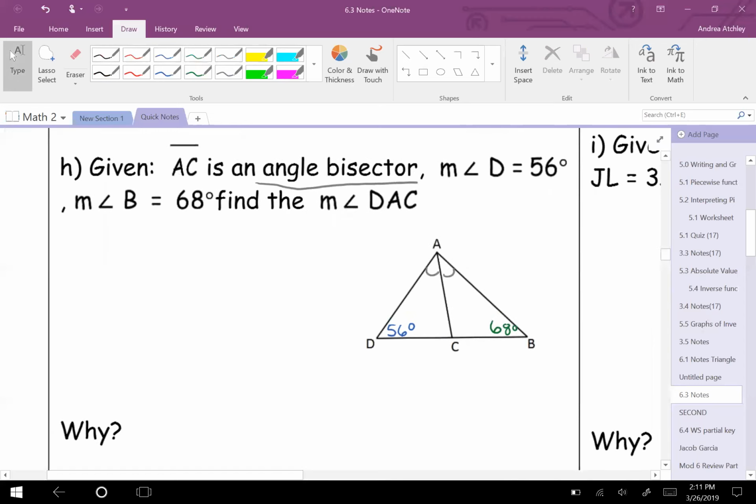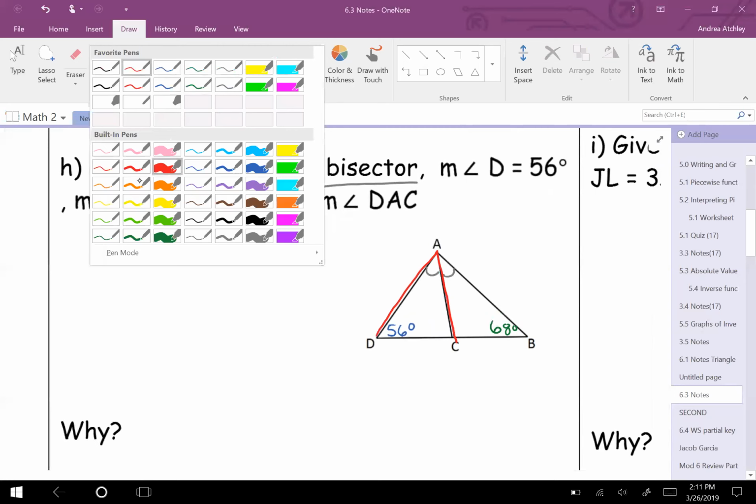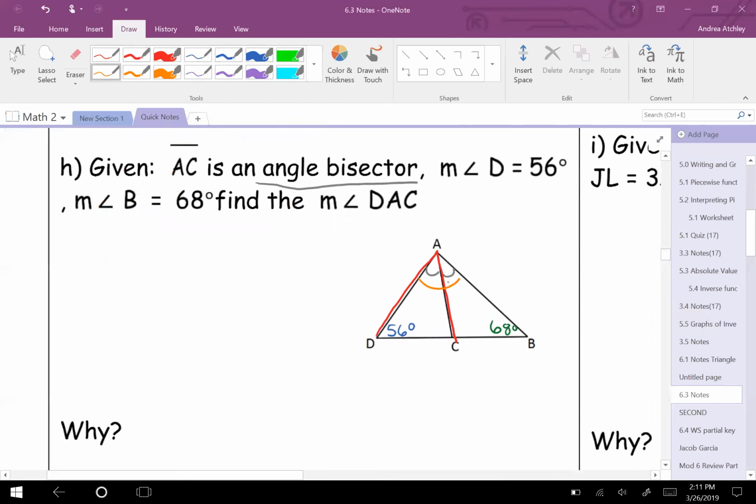Any ideas on how I can find the measure of angle DAC? Very good. I can find the bigger angle first. I can find that big angle by using the sum of the interior angles.